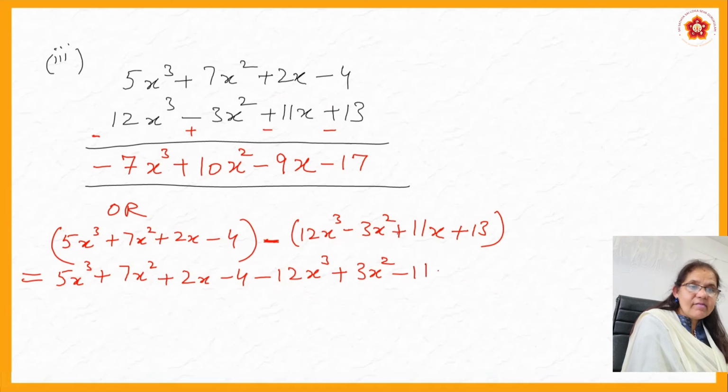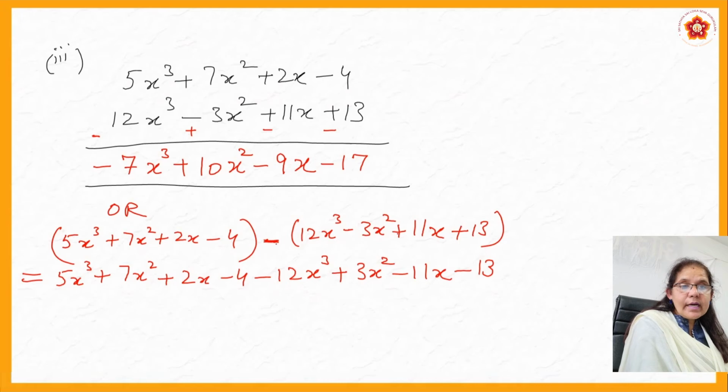It will be minus 11x. Minus into plus is again minus 13. So if you see, when we are multiplying by a minus sign, the sign of every term is going to change. Plus will become minus, minus will become plus. Now identify the like terms.